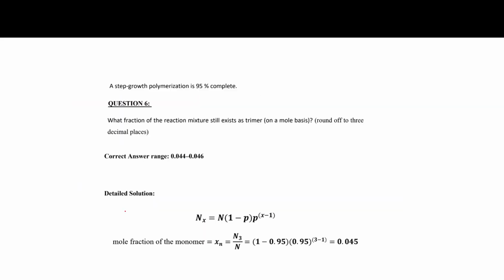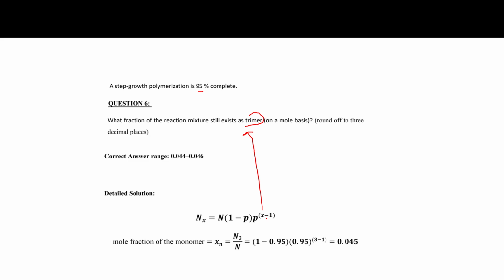Take a related problem from that assignment: a step polymerization is at 95% conversion. It is already given that it is a trimer. Here x is related to which species you have, dimer, trimer or tetramer. If it is a trimer, then the x value will be 3.